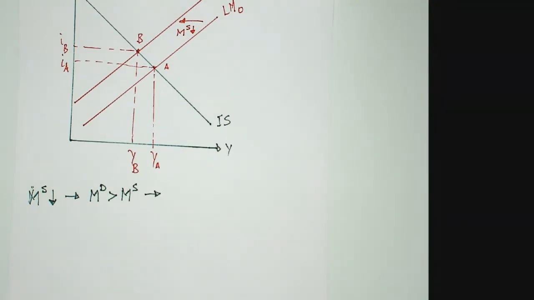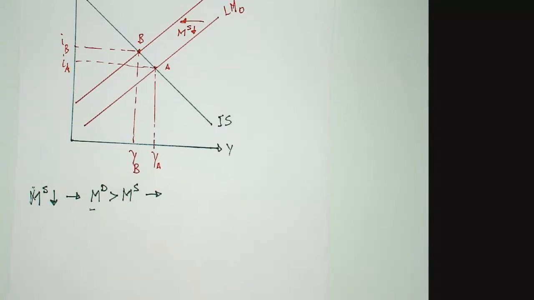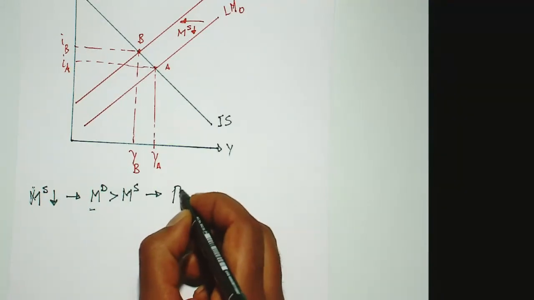This can also be translated into: if there is a high demand for money, the economic agents would tend to sell their bonds that they have on hand so that they can satisfy their high demand for money.